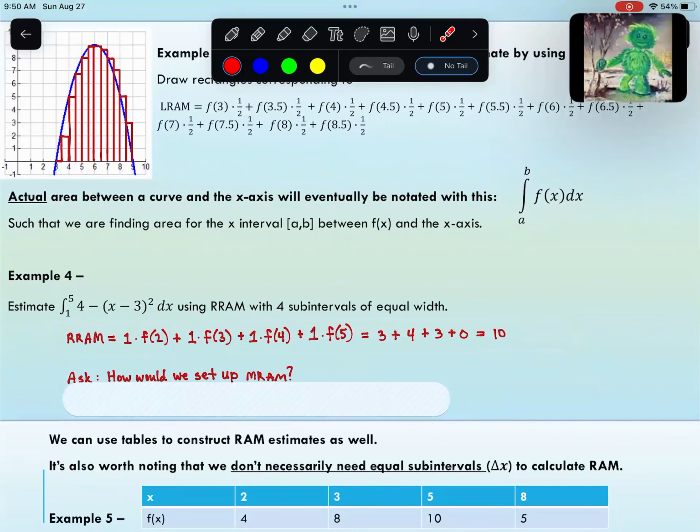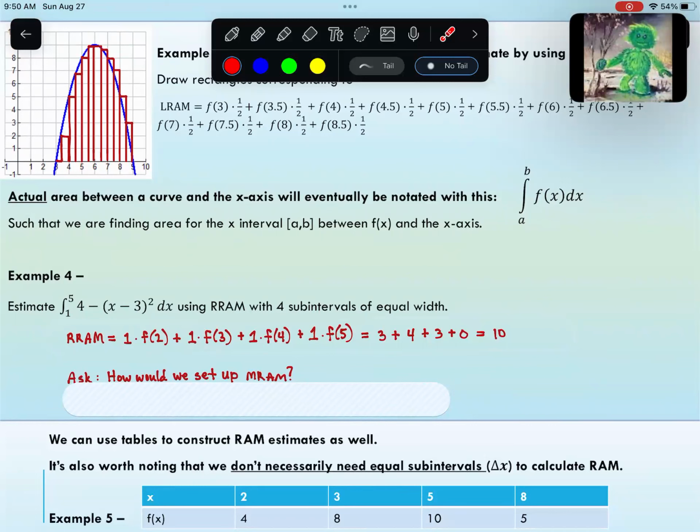Okay, so for my RRAM calculation, you can see 1, 2, 3, 4 products being added together, 4 rectangle areas. Each one has a width of 1. But then we have to think about which x values we are plugging into this function right here to determine heights.